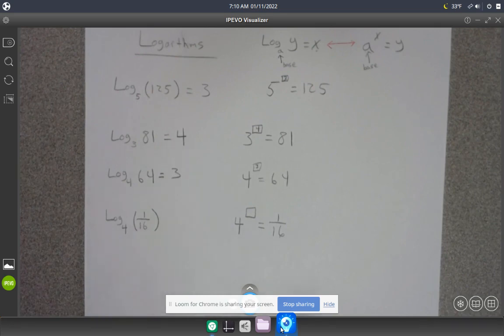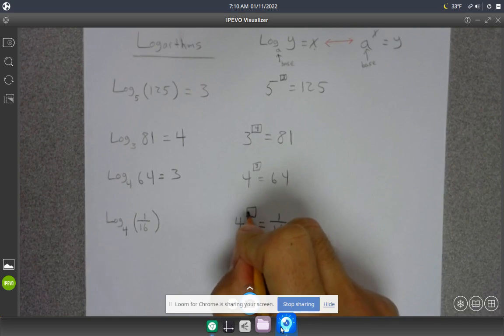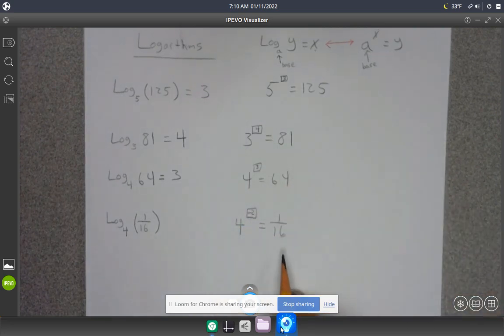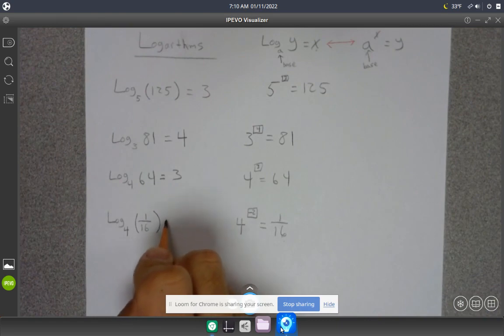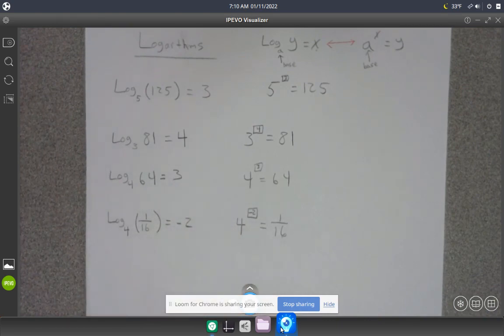Since my answer is a fraction, I know my exponent's going to have to be negative. 4 to the second power will give me 16. 4 to the negative second power will give me 1 over 16. This is just using my rules for exponents: a negative exponent flips it into the denominator. So log base 4 of 1/16 is negative 2.